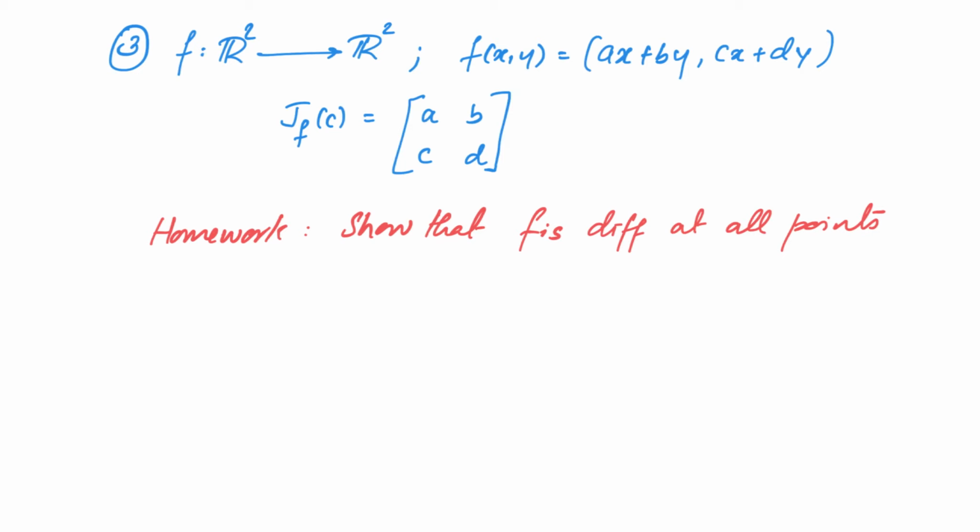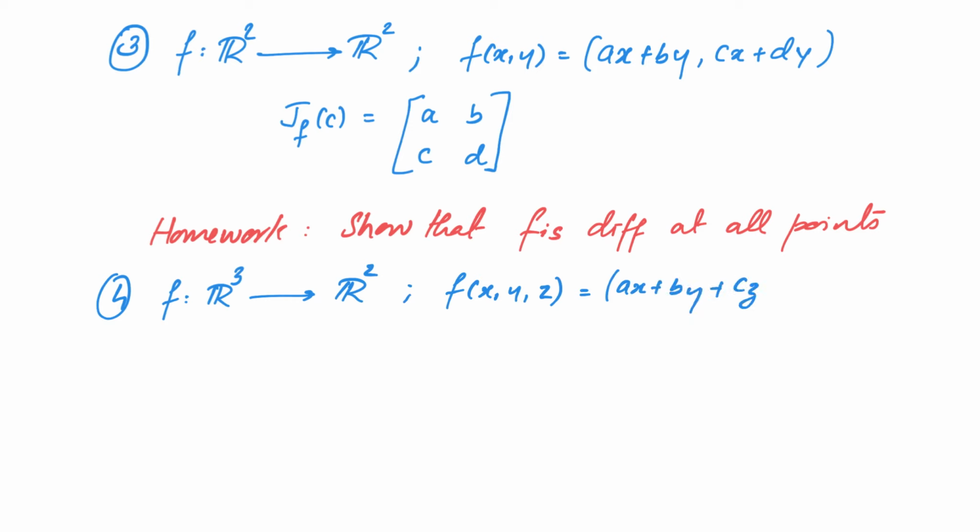And in fact, the same idea works even if we have linear functions between Euclidean spaces of different dimensions. For instance, if we have a map f from R^3 to R^2 defined as f(x, y, z) = (ax + by + cz, dx + ey + fz), then once again this function is also differentiable.